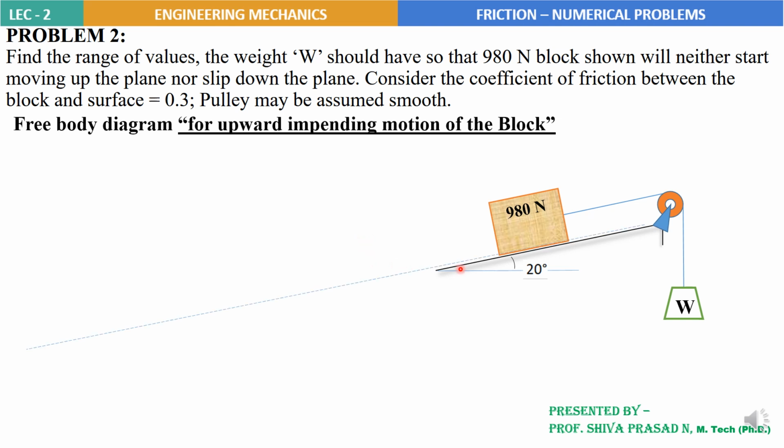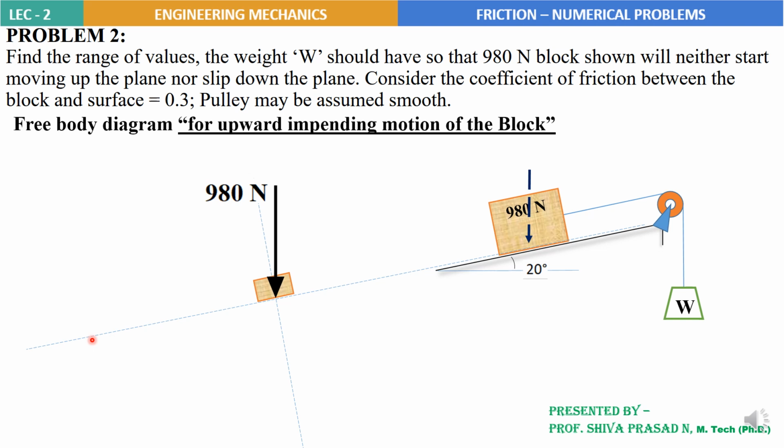I am considering the inclined plane itself as the x-axis, and perpendicular to that I choose the y-axis. What is the convenience in doing that? I'll tell you in a short while. The block is placed exactly at the center on this inclined x-axis, and the weight 980 Newton acts vertically downwards, because weight always acts vertically downwards.